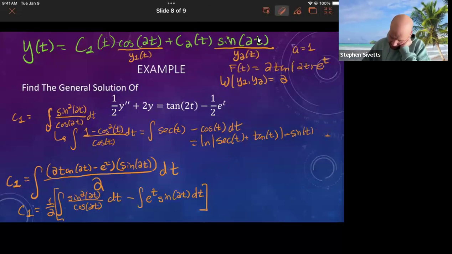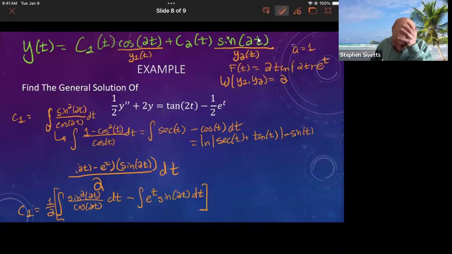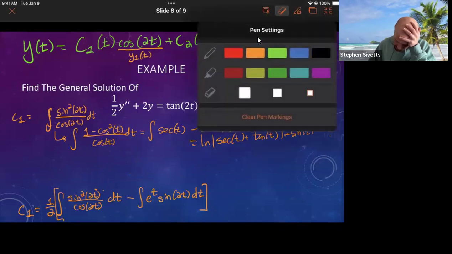Now I need to integrate the second term. The second term will involve integration by parts.